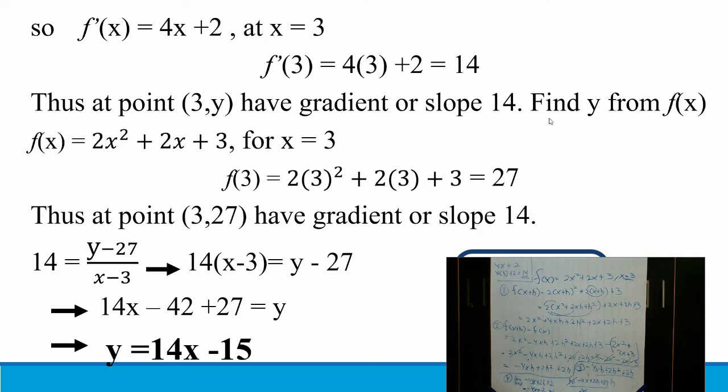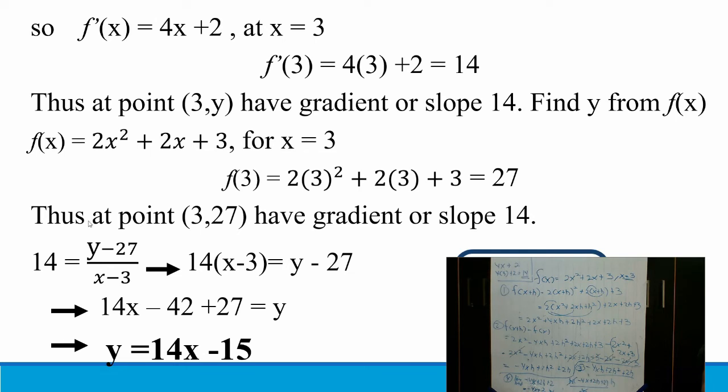So if you want to find y, you just substitute 3 into f(x), which is 2x squared plus 2x plus 3. For x equal to 3, you will get that the value is 27. When you substitute 3 into f(x), it is 27.